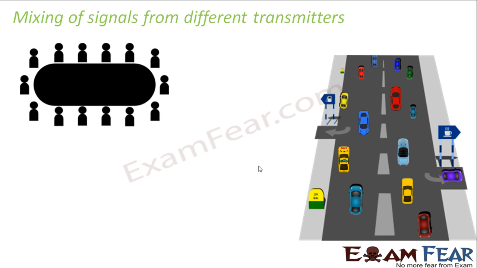Now, what is a solution to these kinds of problems? If you look at the first problem, where the problem arises because all of them speak at the same time, a possible solution could be if each of them is given a time slot. Let us suppose there are 10 people inside the room and we say that, okay, each of you will be given 5 minutes to speak on this topic or to express your views.